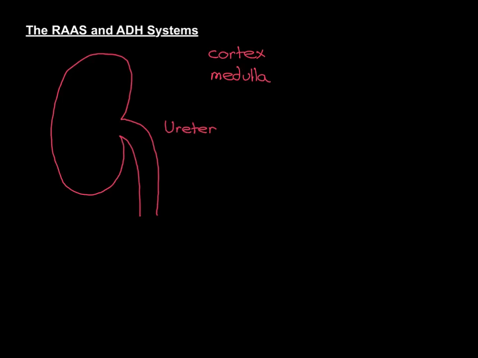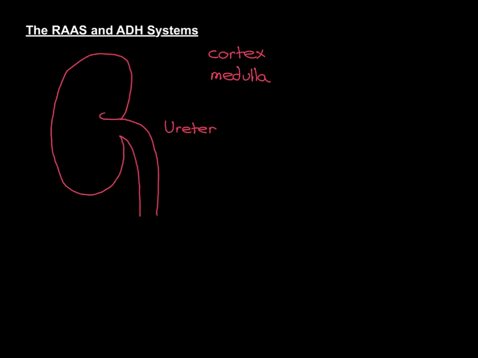So the cortex is going to be the outer portion of the kidney tissue, and the medulla is going to be the more inner portion of the kidney tissue. Now, something that's important to understand is that the cortex tissue in the kidney projects down into the medulla in structures known as renal columns. So even though these renal columns that I'm about to draw are in the actual medulla of the kidney, they are the same sort of tissue as the cortex tissue. So let's draw this on.